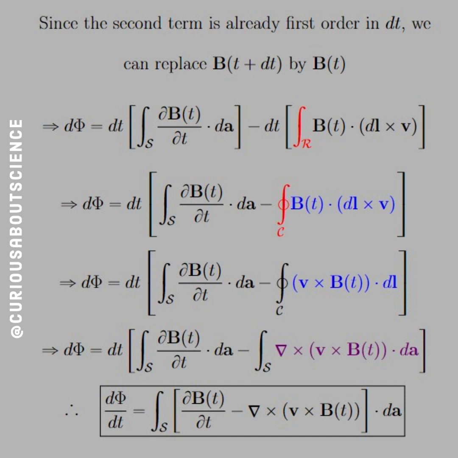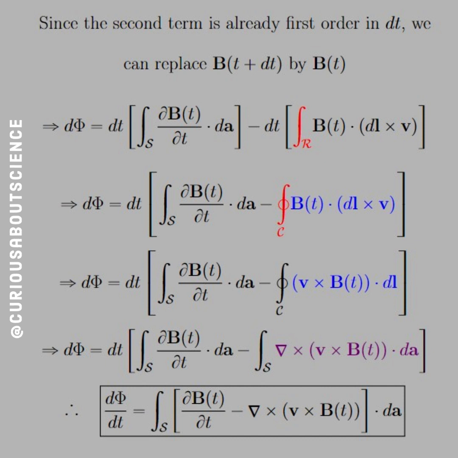Then keep plugging it through, because now from the closed integral, going backwards through Stokes' theorem, we can go back to a surface integral on S, and we can write the curl of v cross B dot dA from the line integral above.